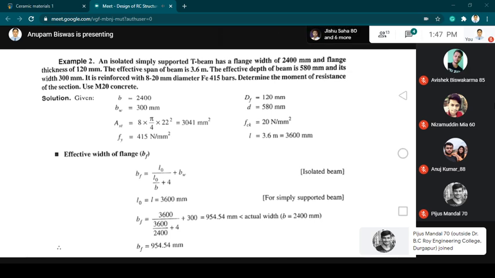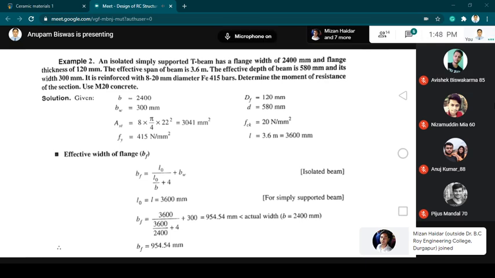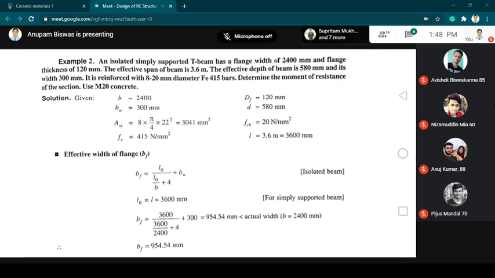Then the flange thickness, means the depth Df, is given, that is 120 mm. Effective span of the beam is given 3.6 meter. Effective depth of beam is 580, means value of d, and its width is given as 300 mm, means bw is given.